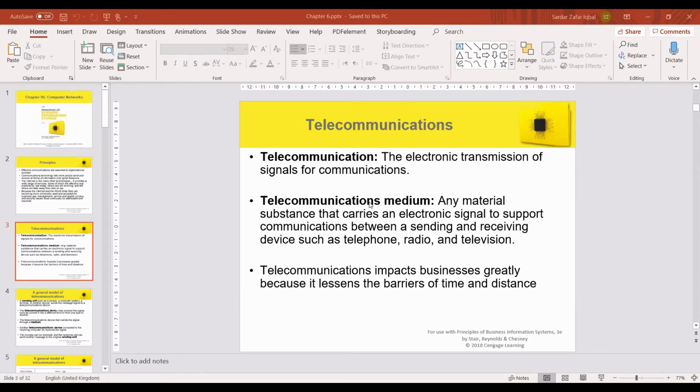Can you tell me? Anybody? How data is transmitted from one computer to another? Are you with me, guys?